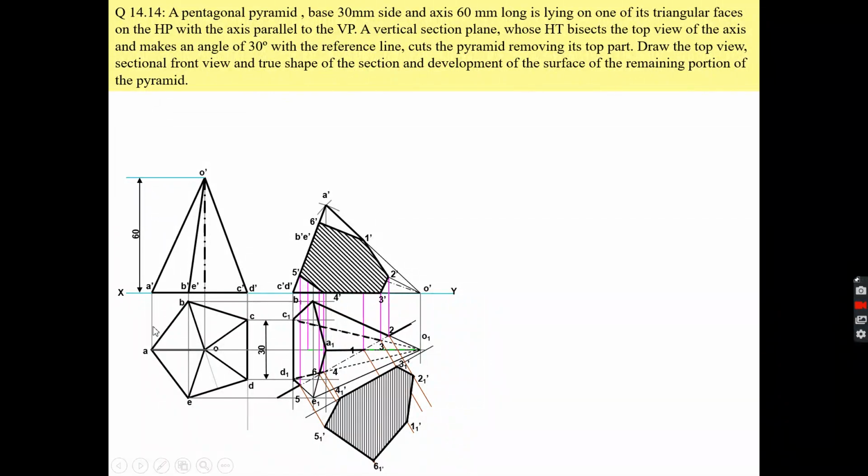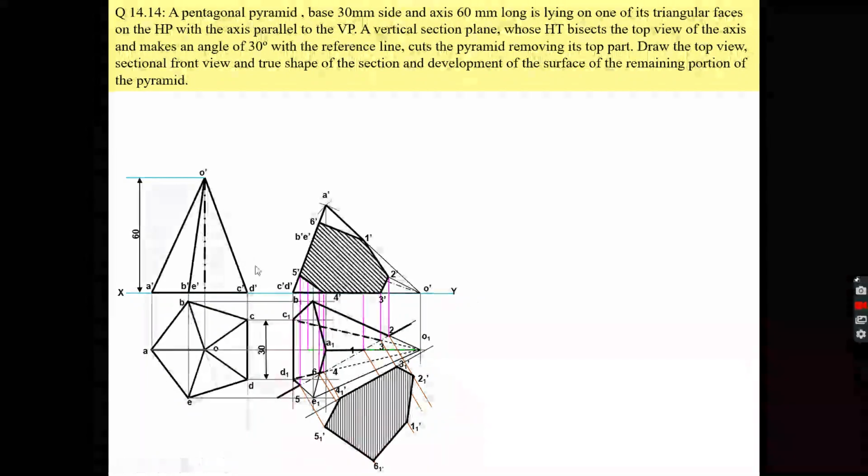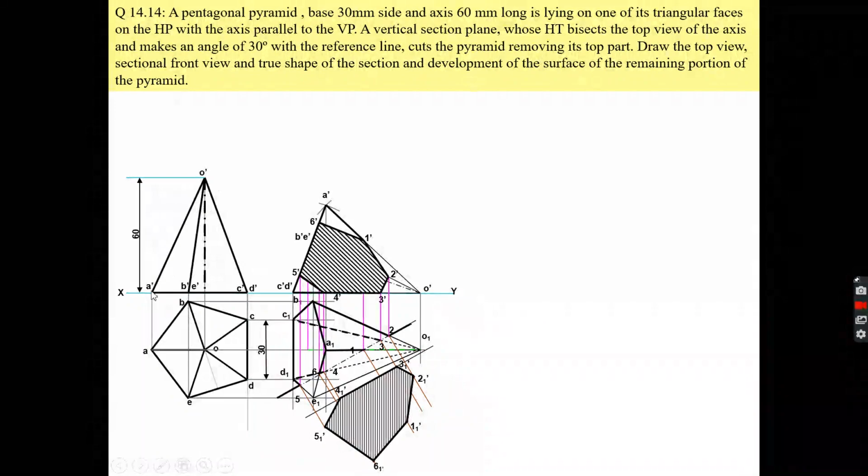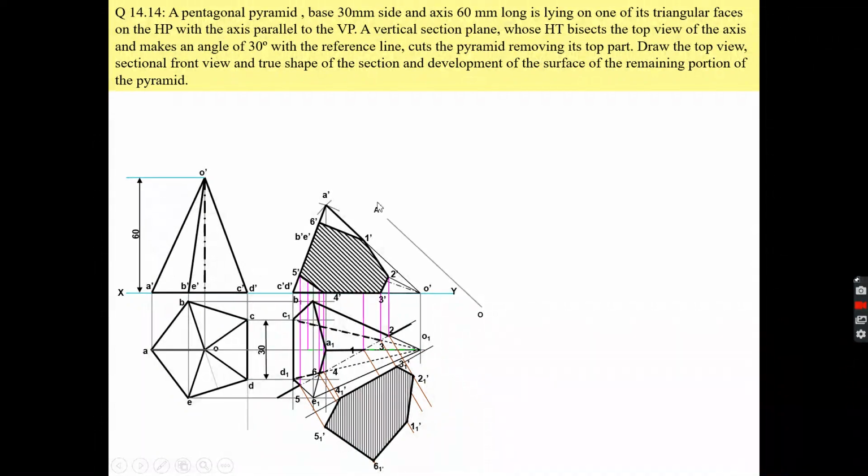Here you can see in this diagram, your line OA is parallel to the XY line. So this length O dash A dash is nothing but the true slant length of the pentagonal pyramid, because all the other lines are inclined to the XY line. Okay, so first I draw the O dash A dash. So this is the true slant length.